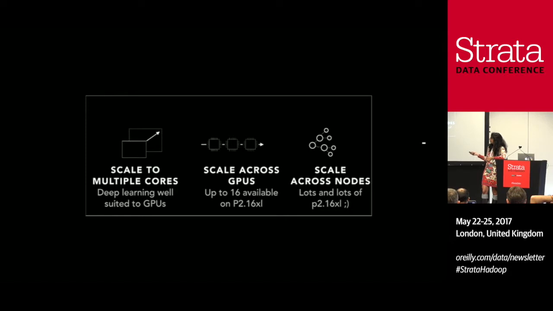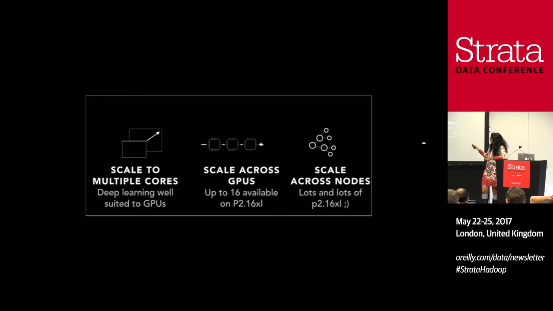But then we also need to worry about scaling across multiple GPUs. So if you take a P2 instance, that's a GPU instance, and the 16x large means it's a 16 GPU instance. There are 16 GPUs on the same board. And so how does mxnet scale in this setting? That's the first plot I'll show.